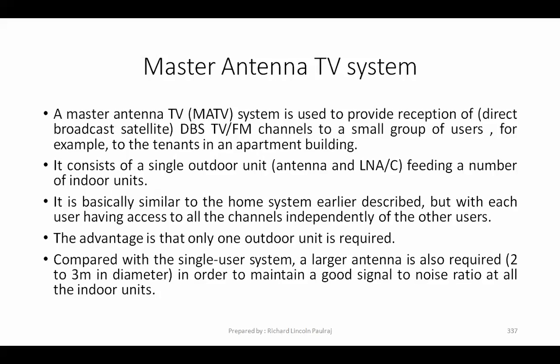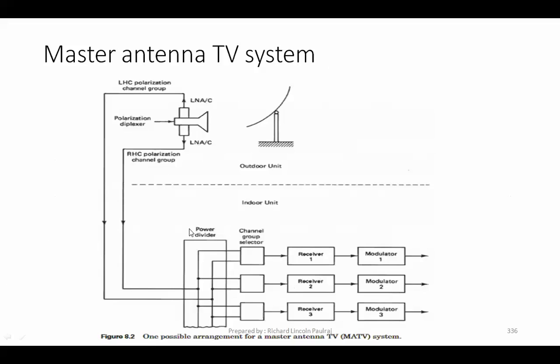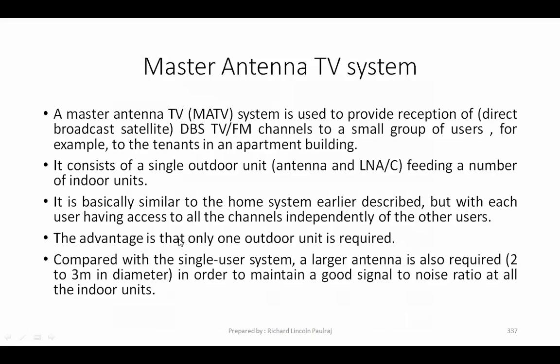So in an apartment, there will be a lot of units, right? And we can just have one receiving system, and these can be distributed to various units, to various houses, right? So that is going to be your receiver 1, 2, 3. Instead of having multiple antennas on the rooftop, we can just have one master antenna, and that can be distributed to various units in an apartment.